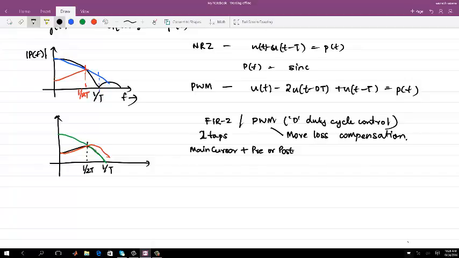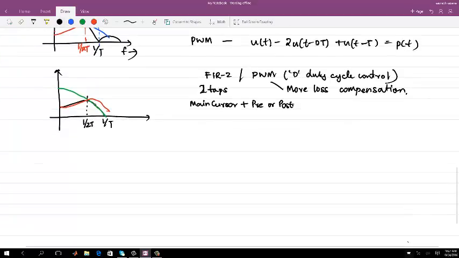Any questions? Duty cycle is decided based on the channel loss. So here the duty cycle is the control which will cancel the ISI. Right?